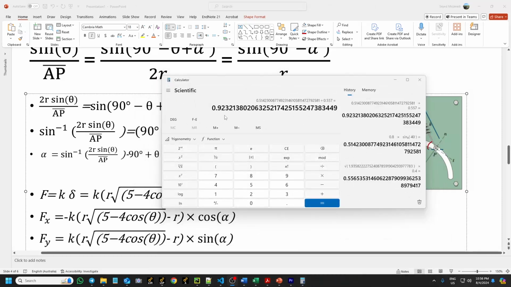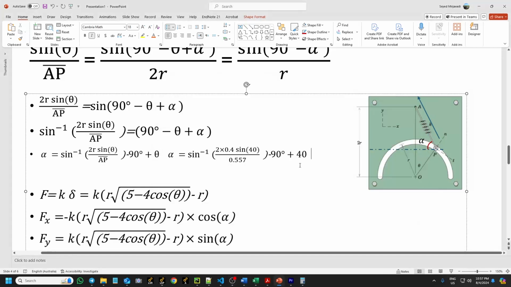So we need to find the sine inverse of this. Let us first write this 0.923.